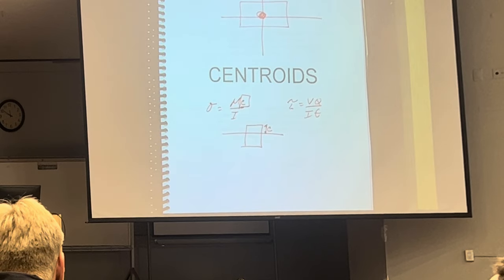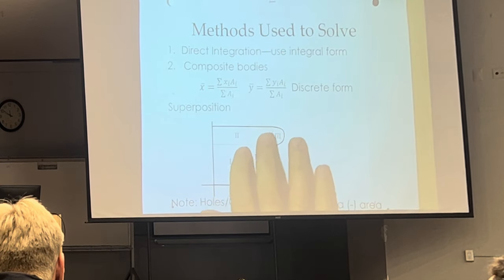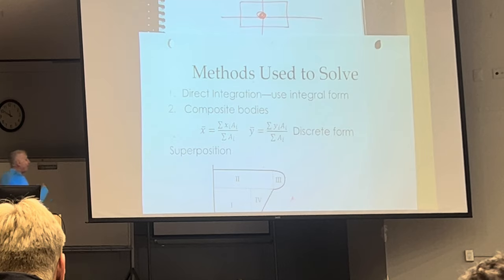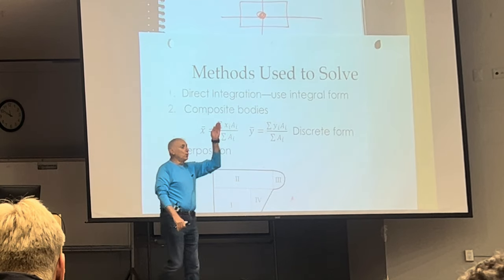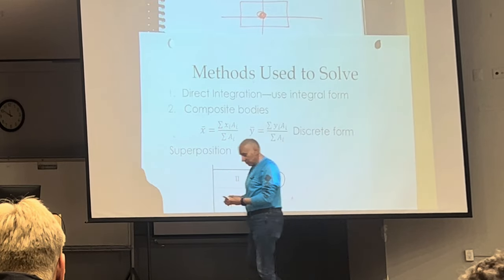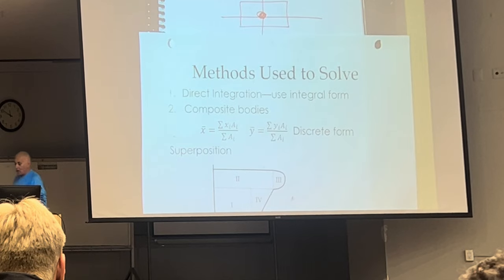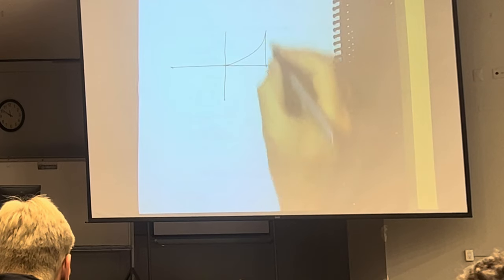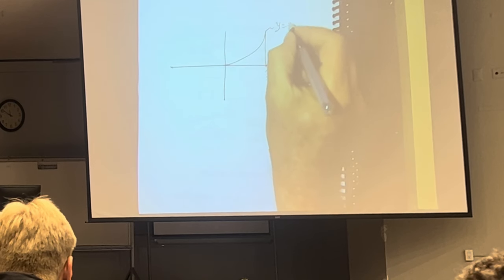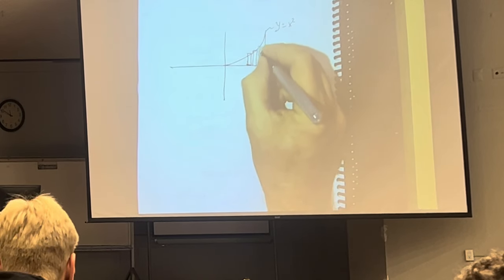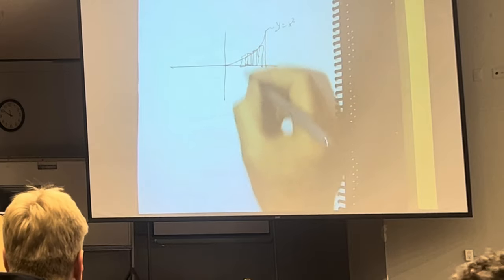Okay? Now, there's two methods to solve. One is direct integration. You did this in calc. Nothing new here. So what did you do in calc? You said, all right, let me put some rectangles in here and do this area.